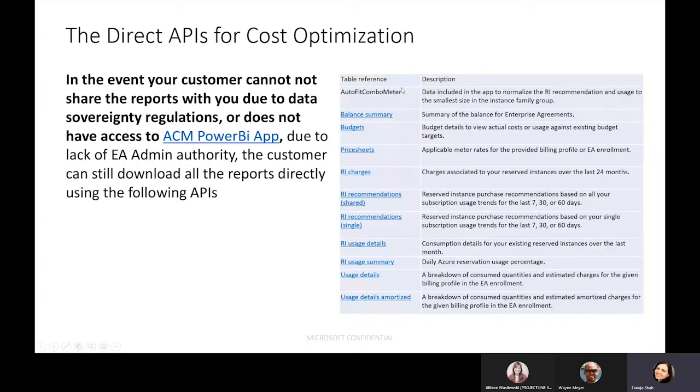We can allow you to start using these APIs. Basically, these API calls are made behind the scenes, and they collect the same information that you saw in that automated report from the Power BI template app. So this is available to you. These are public-facing APIs. As long as you have registered your tenant with us, you should be able to run these APIs and make those calls.